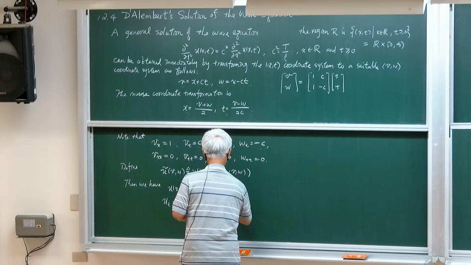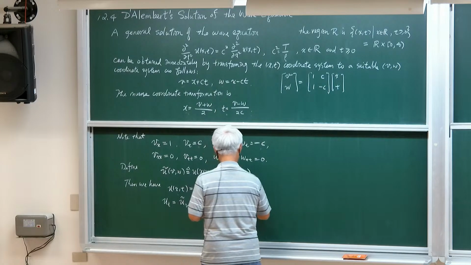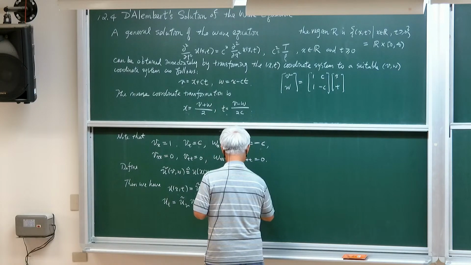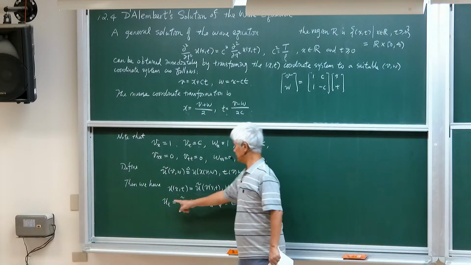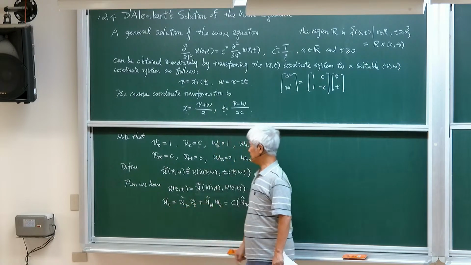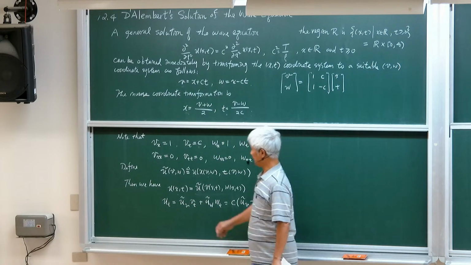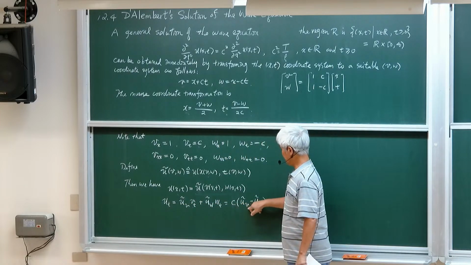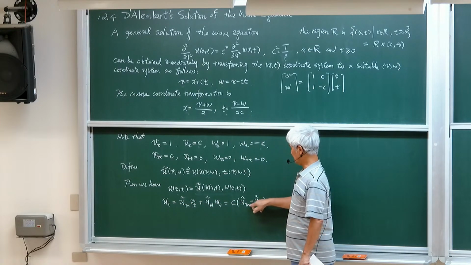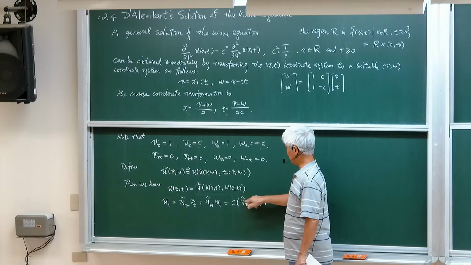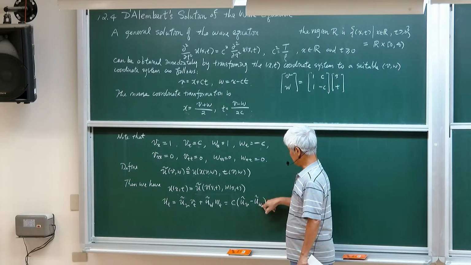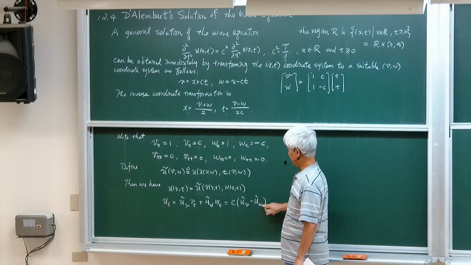So we have c times u tilde sub V minus c times u tilde sub W. So the first order partial derivative of u with respect to t is equal to this expression, corresponding to the first order partial derivative of u tilde with respect to V, and here the first order partial derivative of u tilde with respect to W.